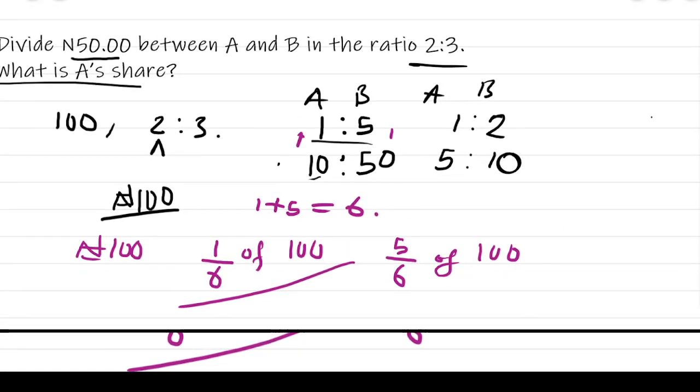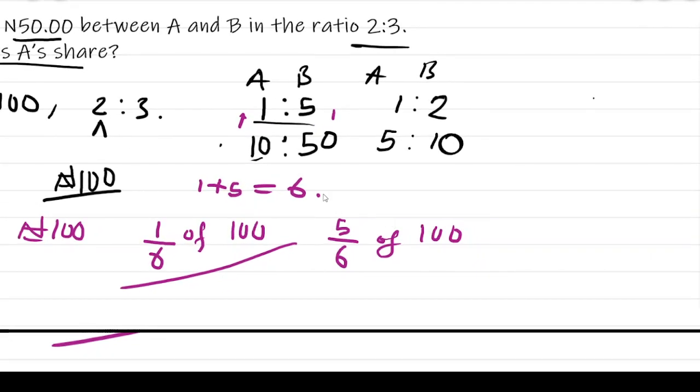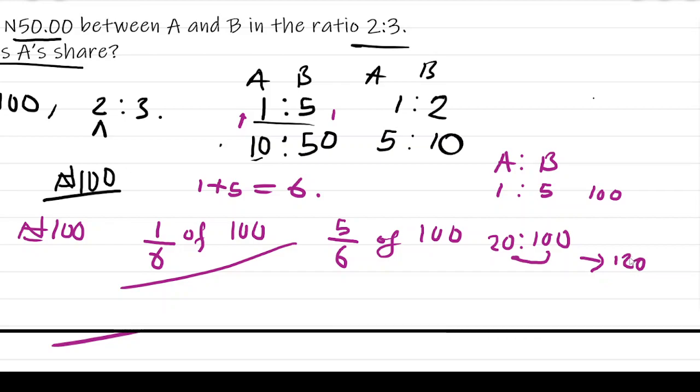If you rush and say, I'm to divide an amount between A and B in the ratio 1 is to 5, and you're given 100 naira, you might say, let me give A 20 naira so that B will receive 100 naira. But when you add them together, you are sharing 120 naira and not 100 naira. So it's not easy to divide this money that way.